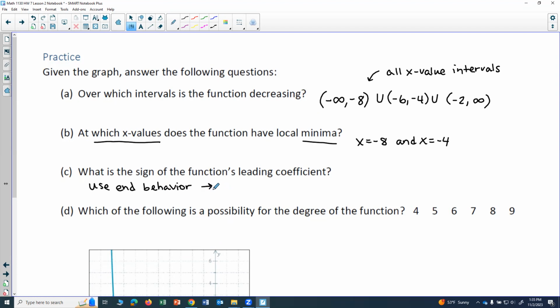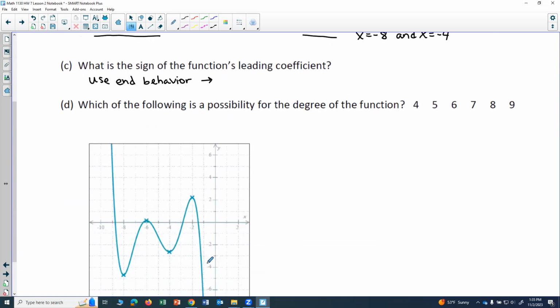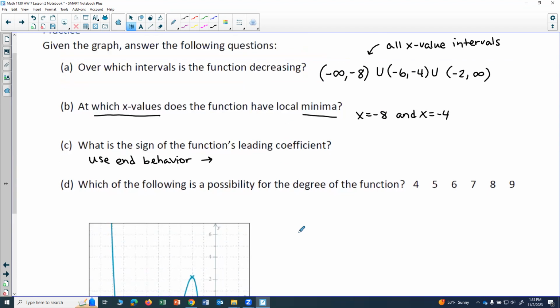So the end behavior, if I look at that graph, is rising to the left and falling to the right. So I want to make a note of that. And we have a little chart that tells us if a function is rising to the left and falling to the right, then it has to be an odd degree.